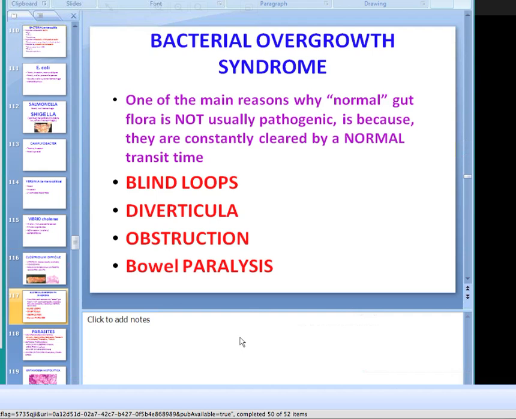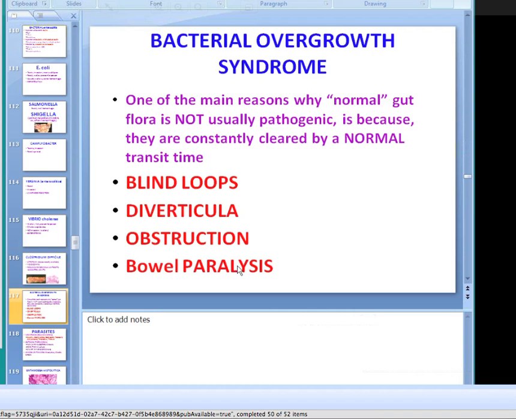There's a syndrome called bacterial overgrowth syndrome as well, and we talked about this. And we said that normally your normal flora are not pathogenic because they don't have a really big transit time. But if they're trapped up in a blind loop of bowel or an area where there's no peristalsis because it's obstructed, or in a diverticulum, which is basically a pouch that just stays there forever, or a physiologic obstruction called paralysis, which is identical with the term ileus.